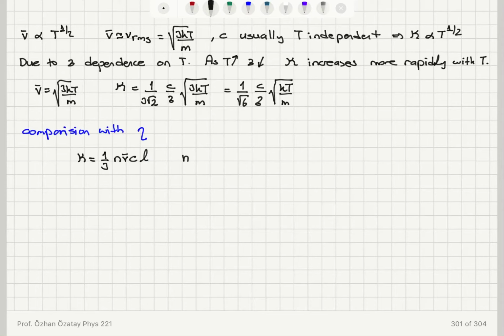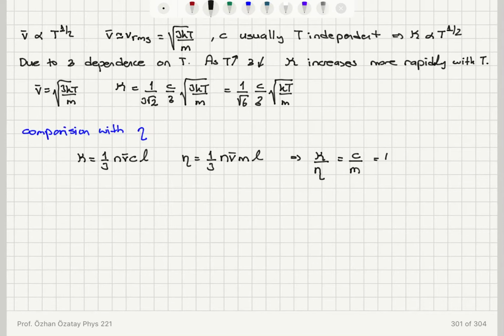And our result for viscosity was 1 over 3 n V bar m L. So if you take the ratio of the thermal conductivity of a gas to its viscosity, you have the following ratio: the heat capacity per molecule divided by the mass of one molecule.